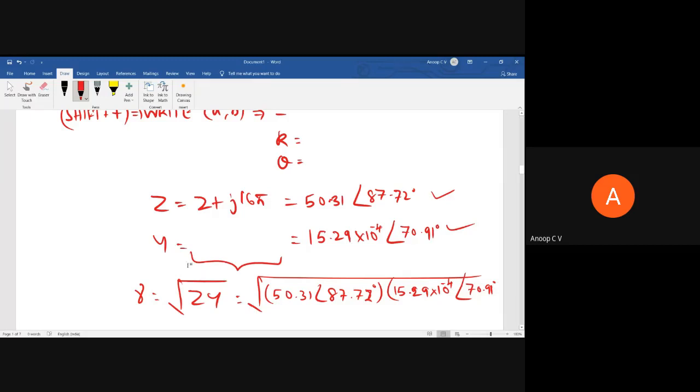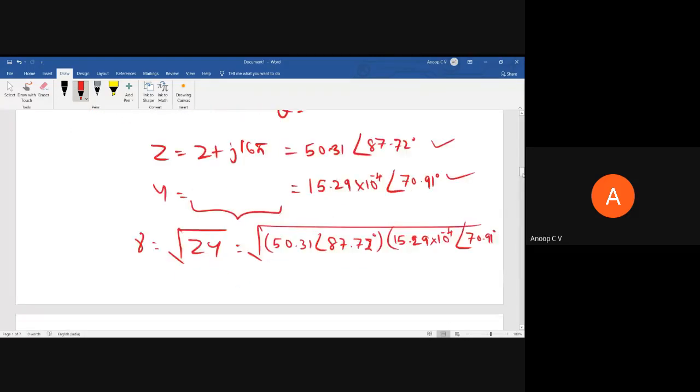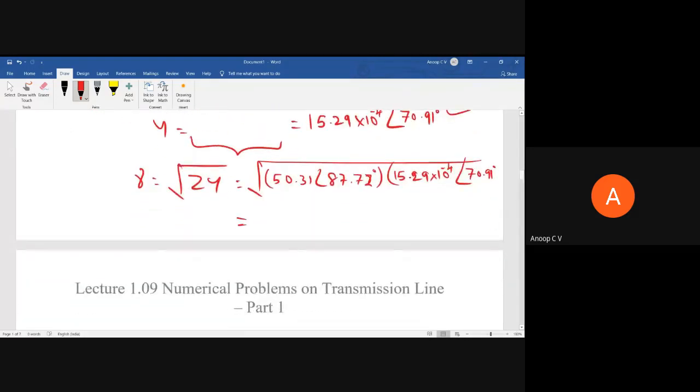Anything? I'll write down the answer here. Please verify whether we are getting the same answer. The answer would be, in polar form, 0.2774 angle 79.31 degrees, and in Cartesian form it would be 0.051 plus j0.273.